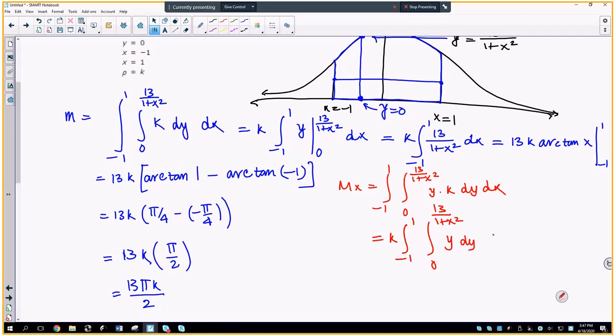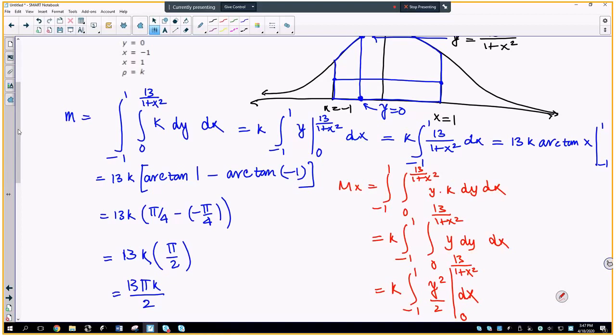So what we get? We get k times integration negative 1 to 1. Let's do the integration. You get y squared over 2. And you are integrating that thing with respect to x after you input the values for the limits. The lower limit is 0. Upper limit is 13 over 1 plus x squared.